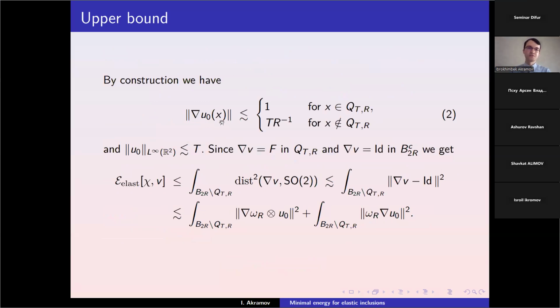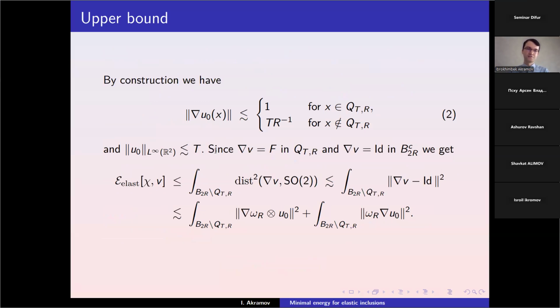Then by the construction of u0, we have that nabla u0 is smaller than 1 for x in this lens-shaped region, and t over r for x not in this lens.